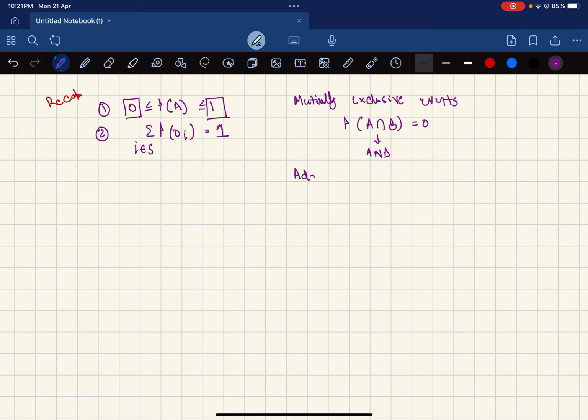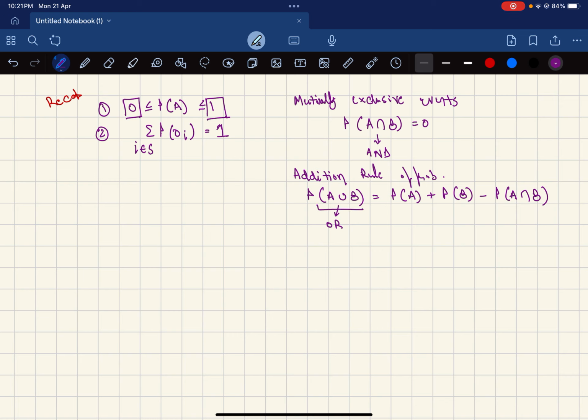Then we looked at what is the addition rule of probability, where we calculated the union probability for two events is equal to the sum of the individual probabilities, and then we subtract the intersection probability of the two events. So by union I mean the OR operator, which means at least one of A and B should occur.